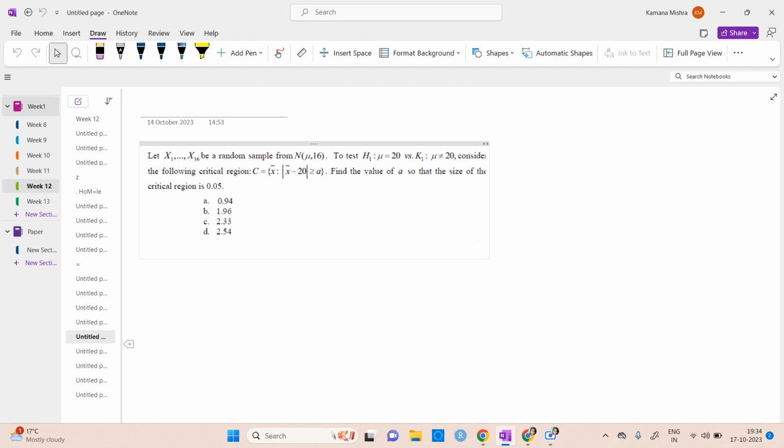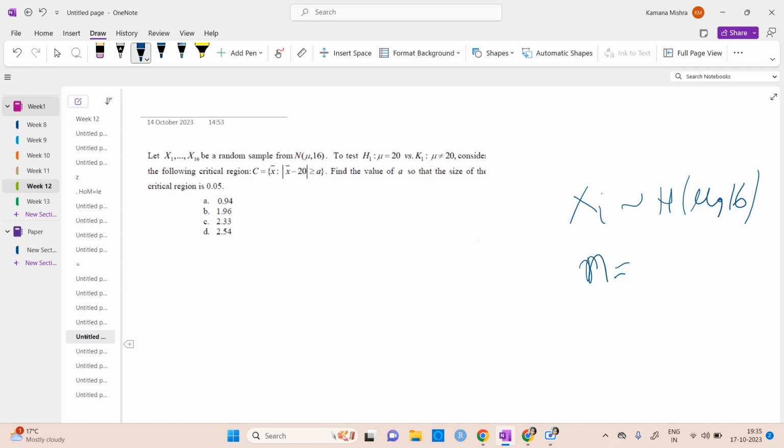So this is just a similar question. You have the value, n is just different. Here xi follows normal mu comma 16, and n is also 16.